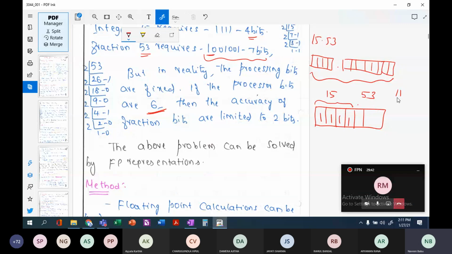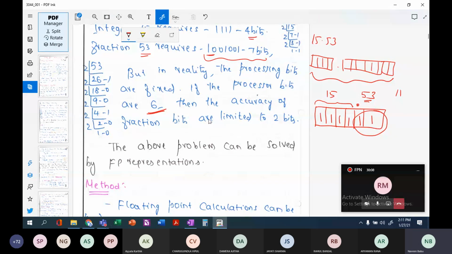I can represent only a maximum value of 3. So I can represent just 1 and 1 here, meaning that the accuracy here is reduced. I'm not actually representing the actual value because of the hardware limitation. Instead of 53, I'm just representing 3, which is wrong.